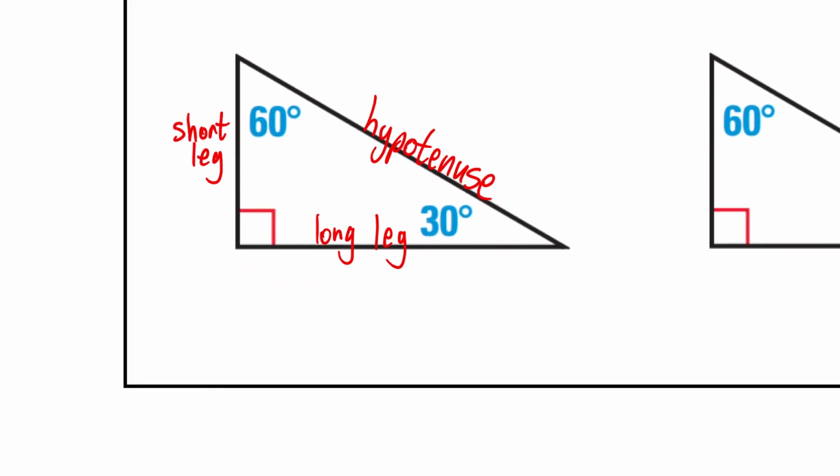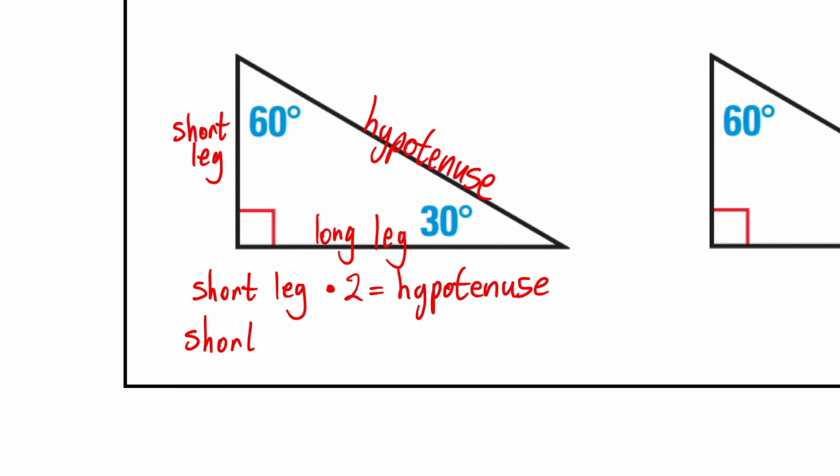The short leg times 2 gives you the hypotenuse. The short leg times the square root of 3 tells you the length of the long leg.